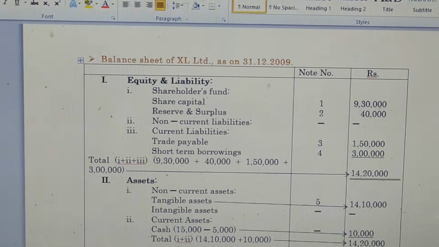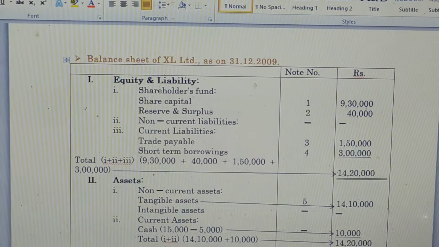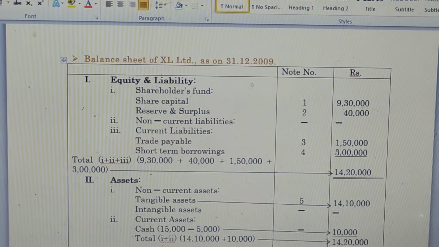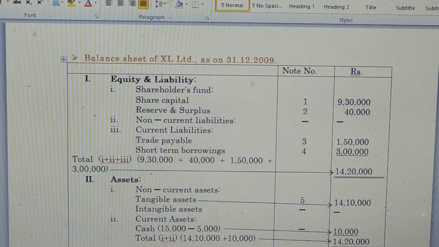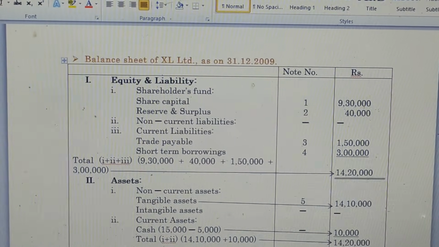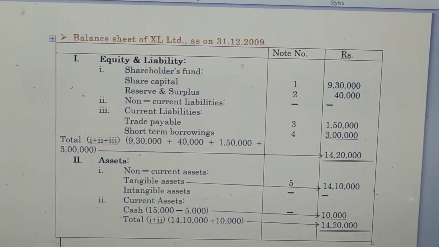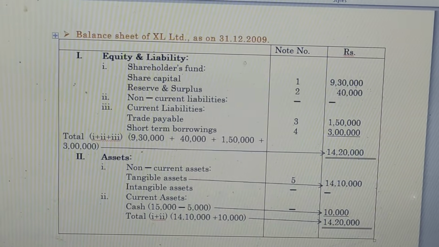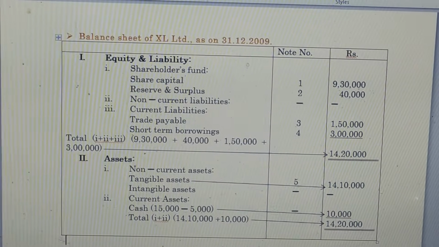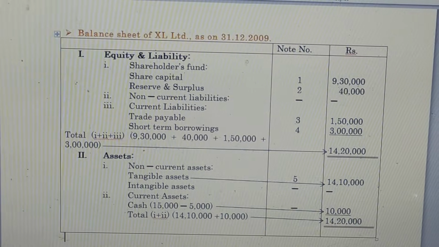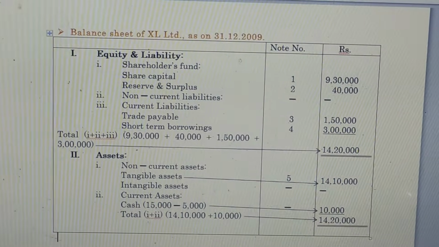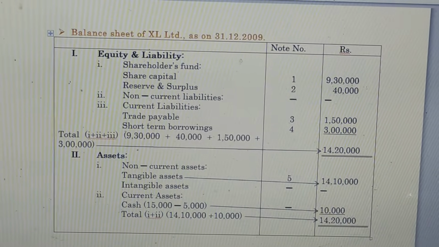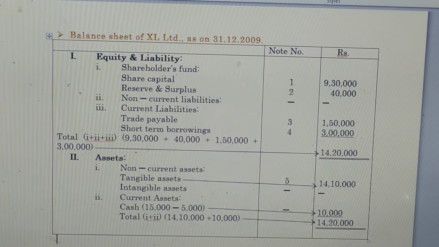And the reserve and surplus is note number 2's heading, and number 2 will be mentioned in the note number column, and note number 2 total will be mentioned in the rupees column, that is 40,000. And the non-current liabilities are nil, and under the current liabilities we have to mention the trade payable, that is note number 3's heading, and number 3 will be mentioned in the note number column, and the note number 3 total is 1,50,000, that is mentioned in the rupees column.